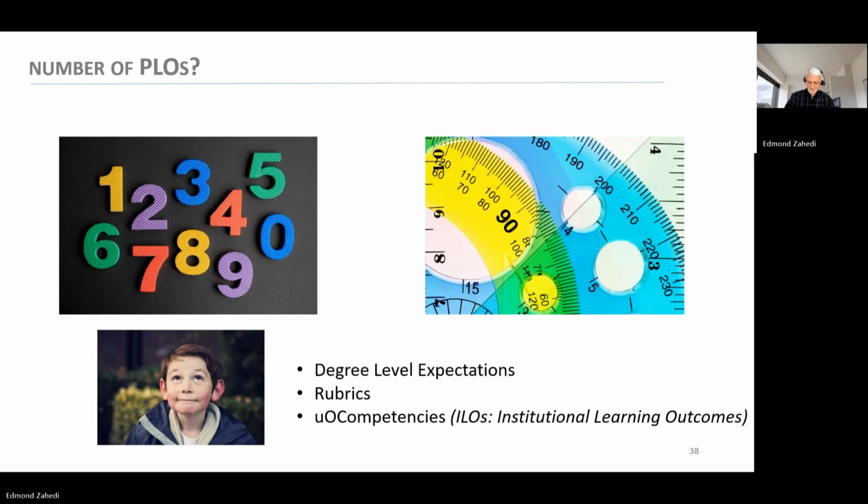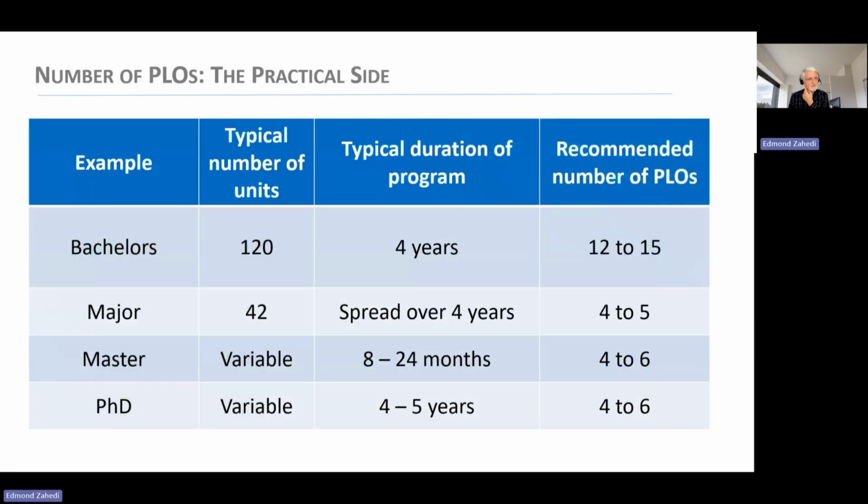Okay, fair enough, but you may say, give me an order of magnitude. Well, if you would like to have some numbers in mind, this is not God's word. For a bachelor degree, 120 units, a 4-year program, we tend to target between 12 and 15.